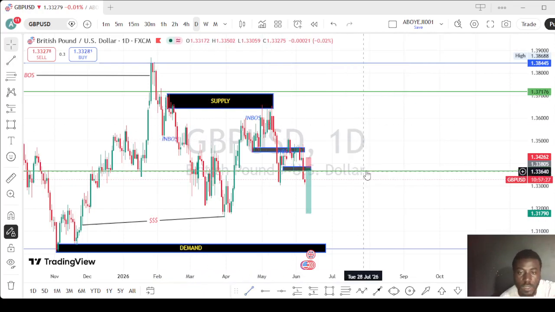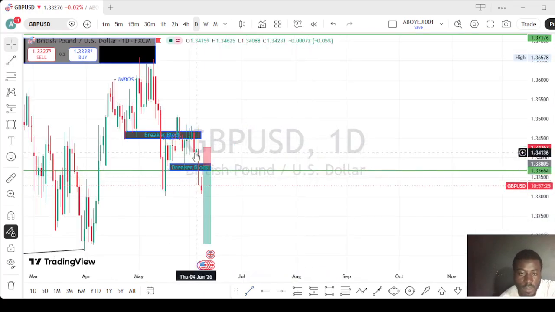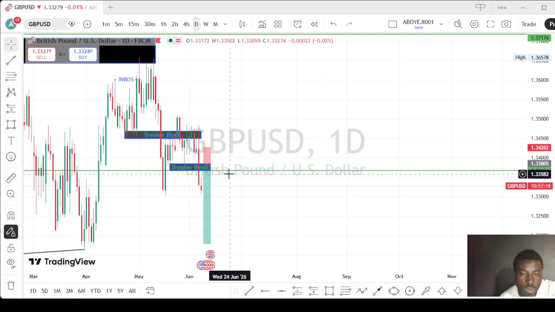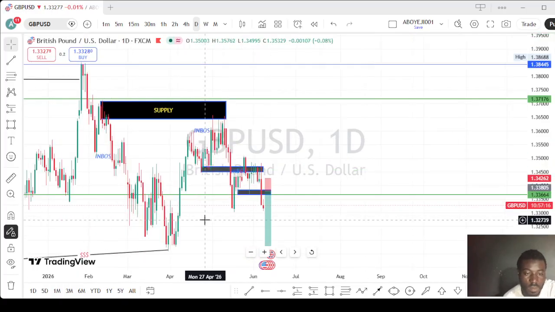And this is the supply that is pushing the market down. So let's be expecting the market to come back here before you can see a huge downtrend.